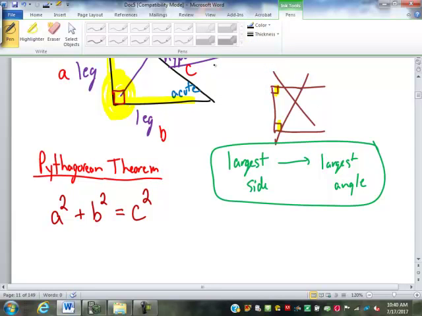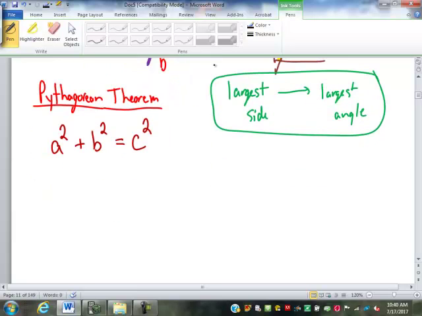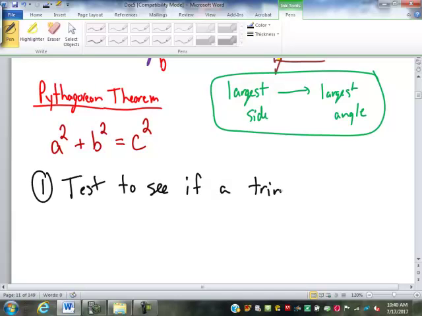So things that we can use this for, we can test to see if a triangle is right. So let's try that.